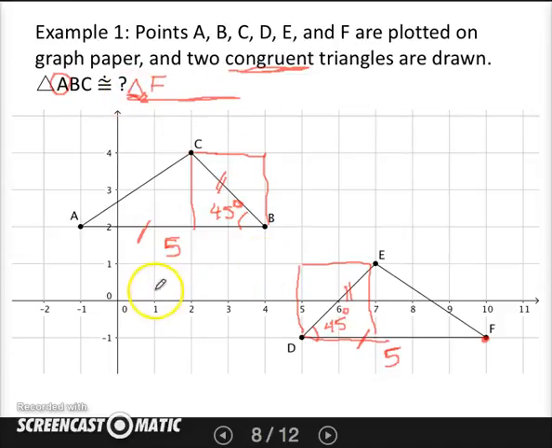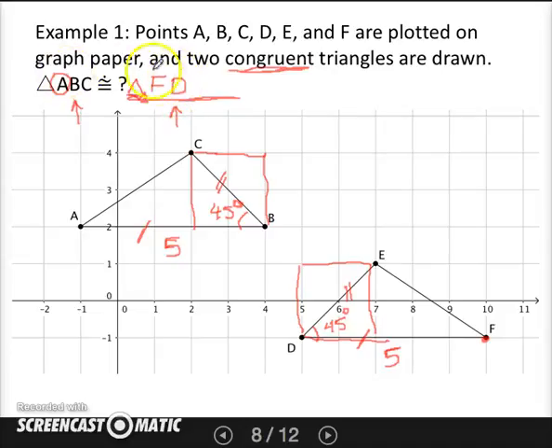What comes next? Well, in triangle ABC, we went along the side of length 5. So in this triangle, we're going to do the same thing. We're going to go F to D along the length of that side that's 5 units long. And we've arrived at the 45-degree angle, which is good because in triangle ABC, B is also the 45-degree angle.